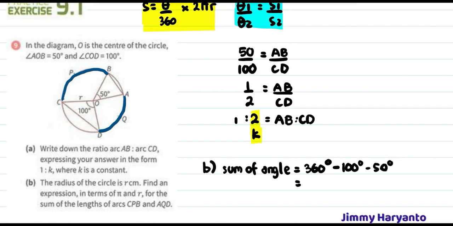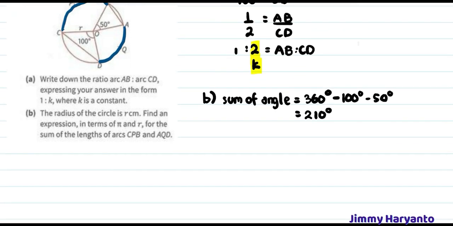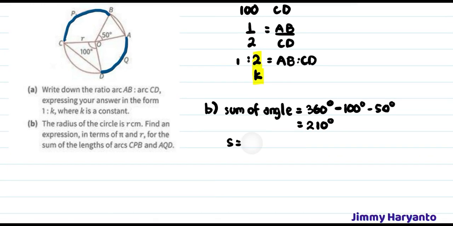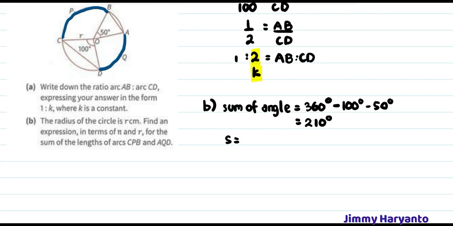The answer is 210. Because this is the sum of angle and the question wants you to find the arc length, we can just input it. Even though the arc length is separated, the radius is the same, right? So the sum of angle can be used to find the total arc length.